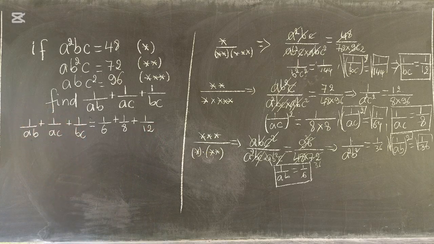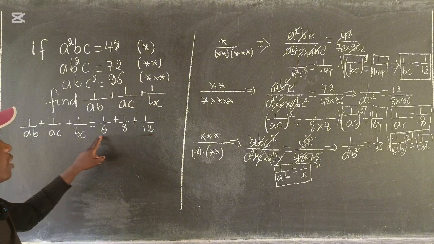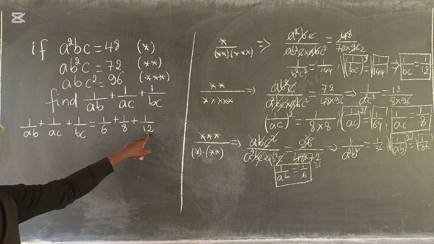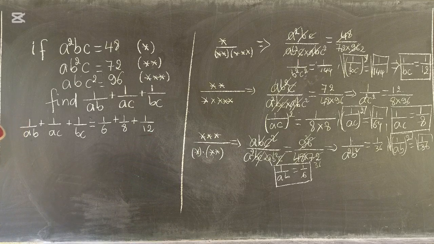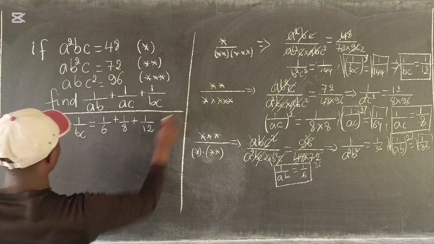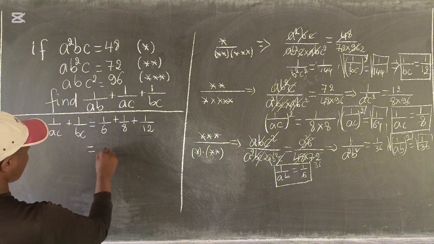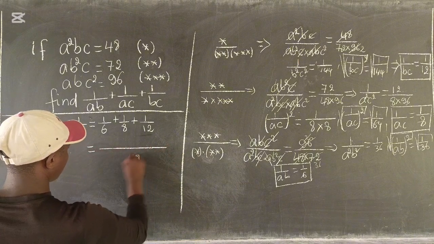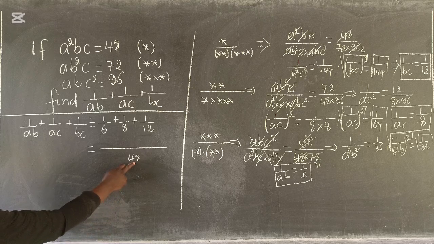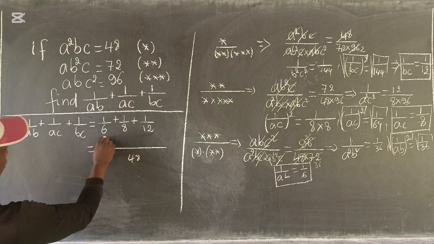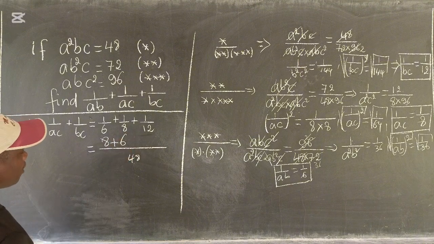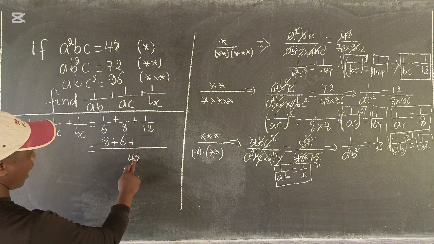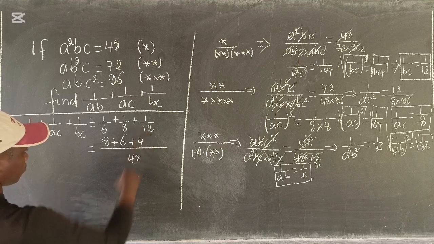As you see here, the number which can be divided by all of these numbers is 48. Let's try 48 as the common denominator. 48 by 6 is 8, plus 48 by 8 is 6, plus 48 by 12 is 4.